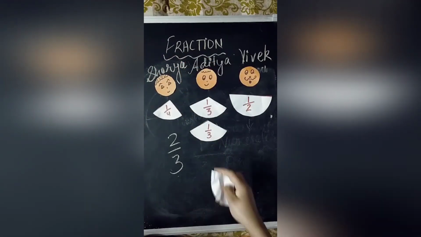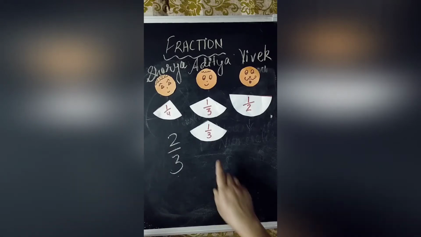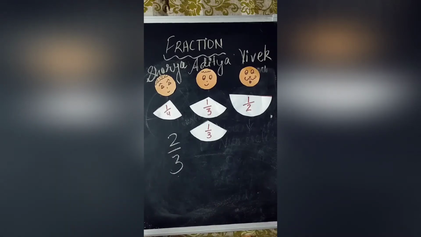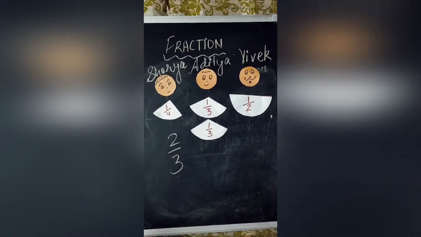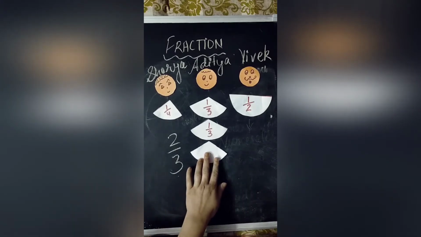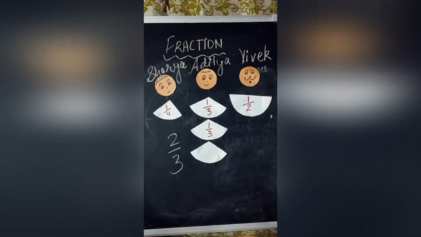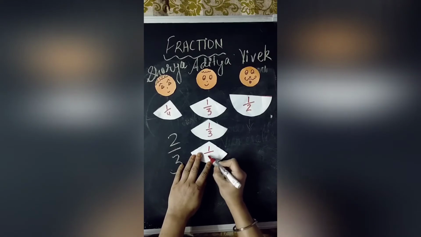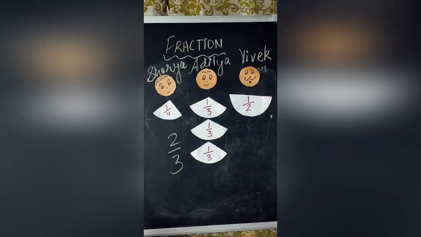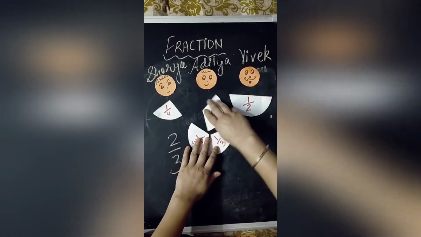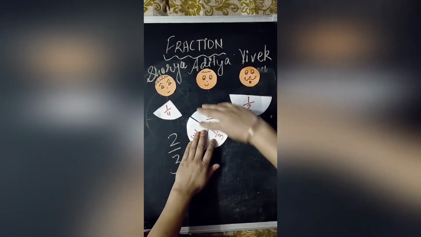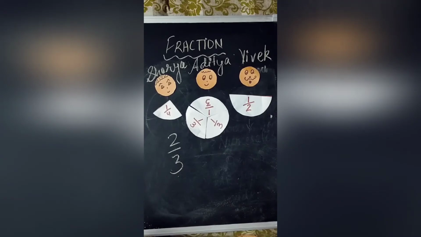Let us suppose Aditya took 2 pieces from the pizza of thirds. So how many thirds has he eaten? 2/3. Now if he took one more third, how much has he eaten? 3/3, or we can say he ate 1 full pizza.